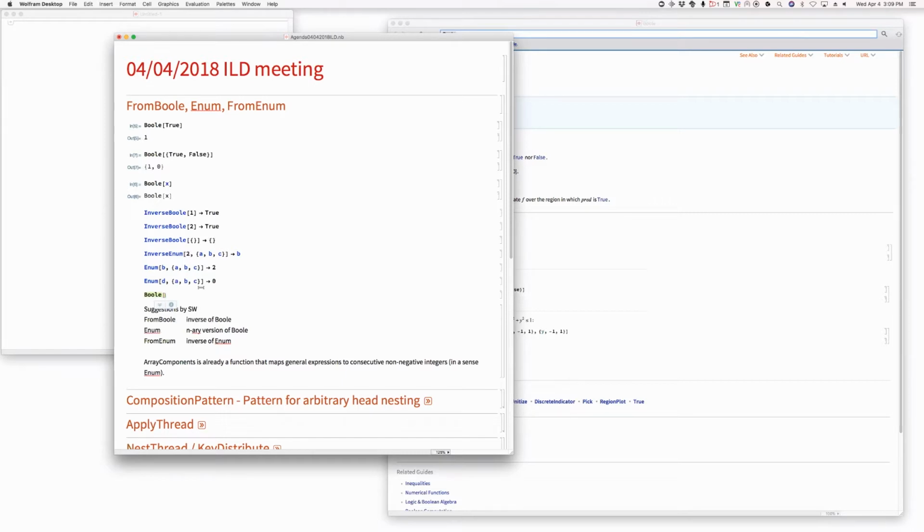Why is enum an n-ary version of that? So you're thinking of generalizing Bool to a characteristic function or something like that.